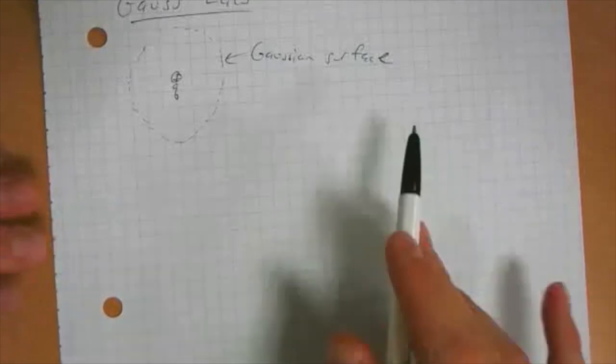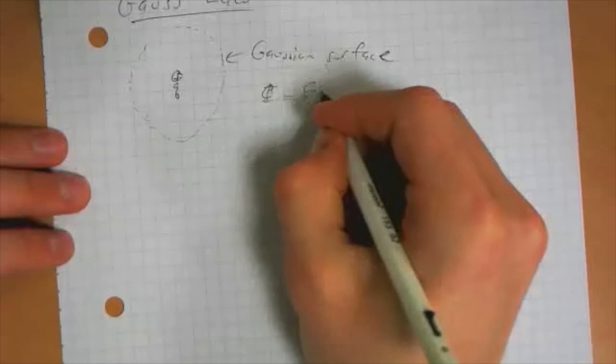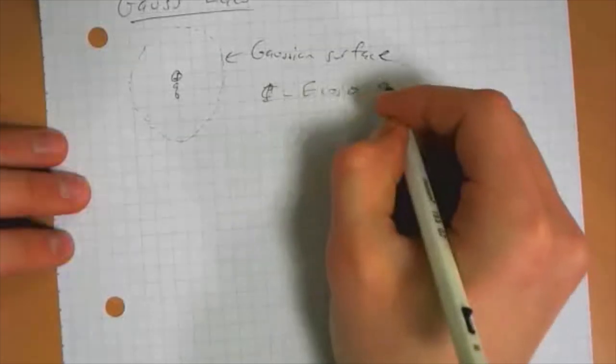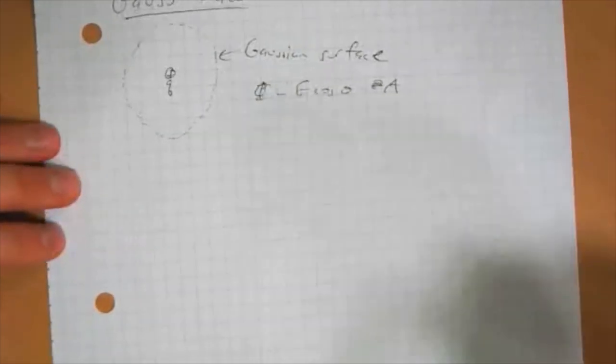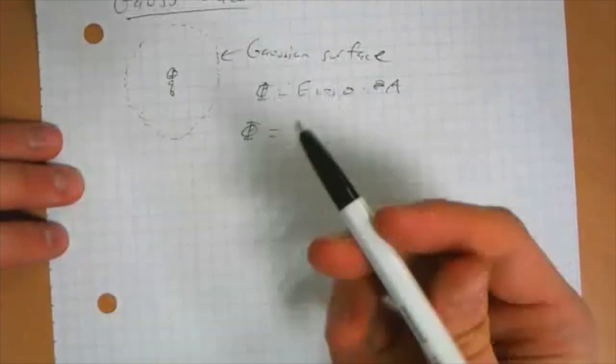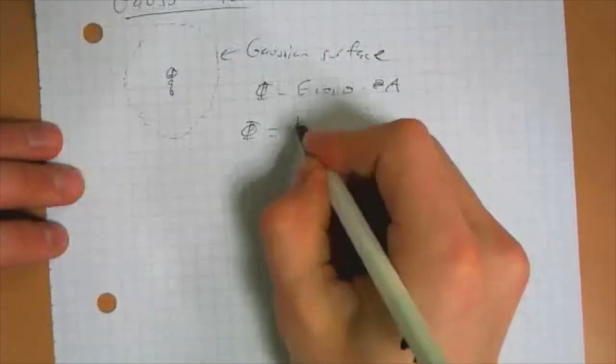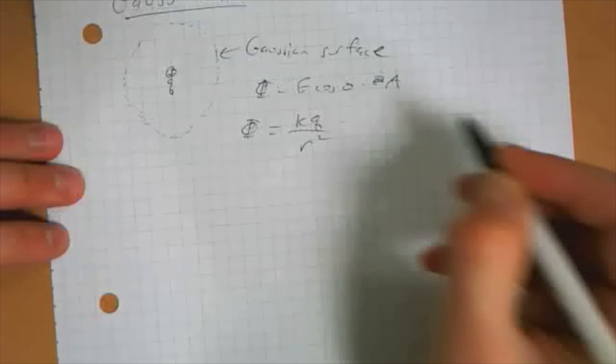Okay. We know flux is E field cosine theta times area. Well, we know that the E field of a point charge is kq over r squared.